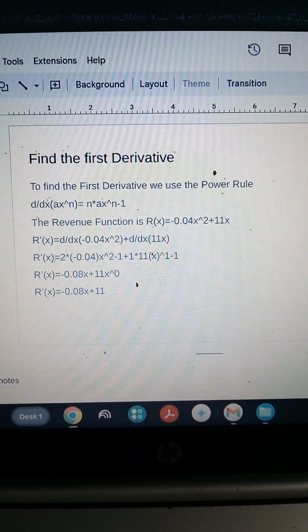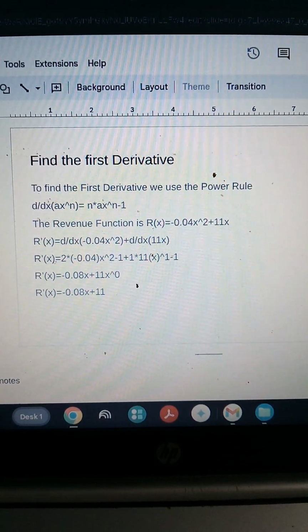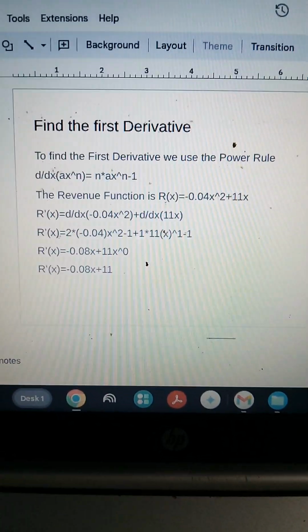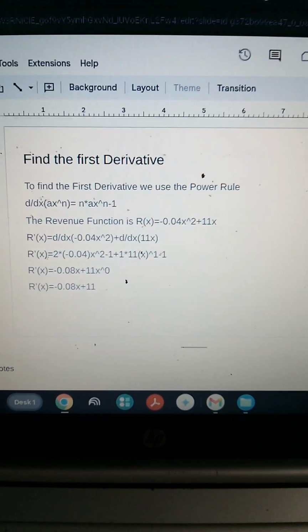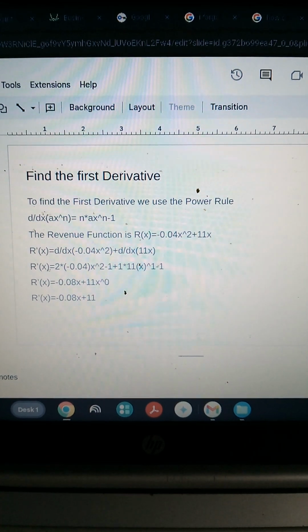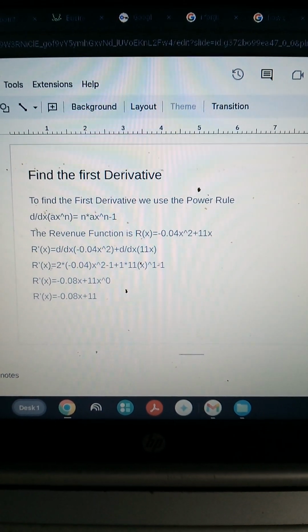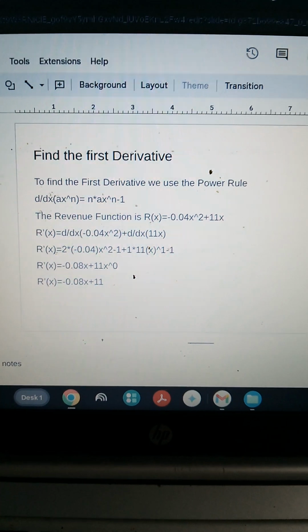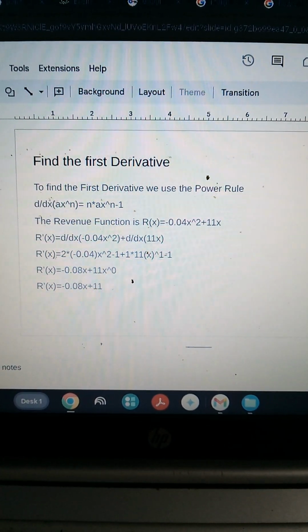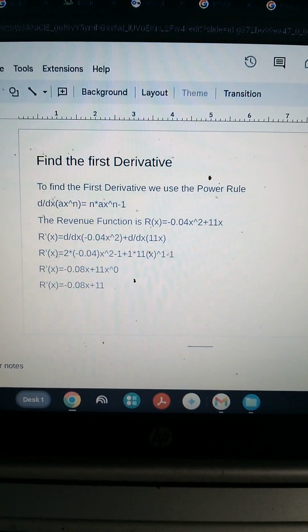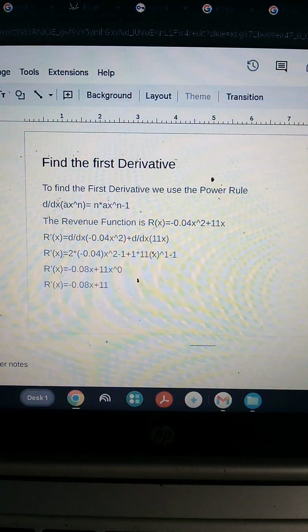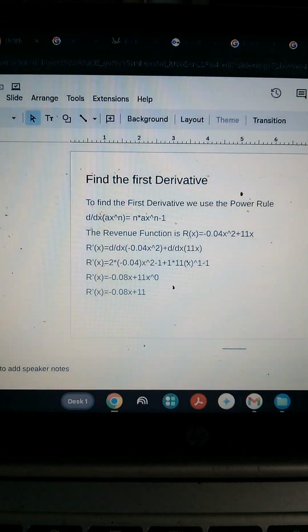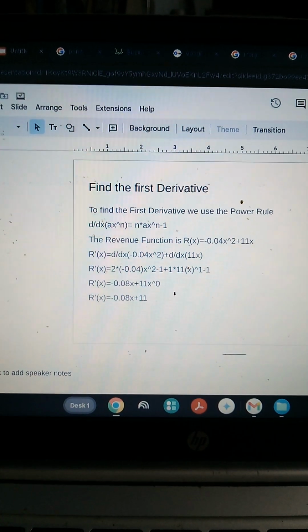Then the derivative of 11x is just 11 times 1, it stays the same, and the x goes away. So the first derivative is R prime of x equals negative 0.08x plus 11.